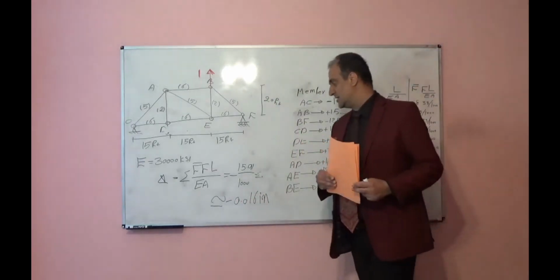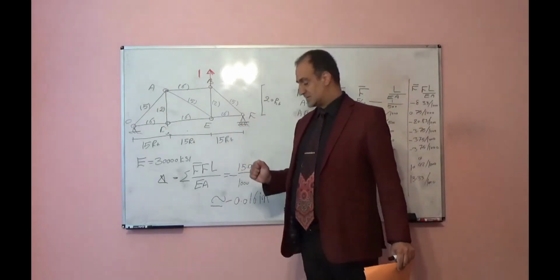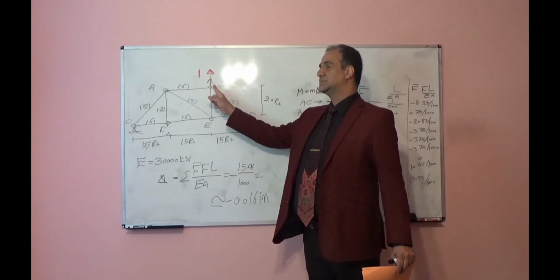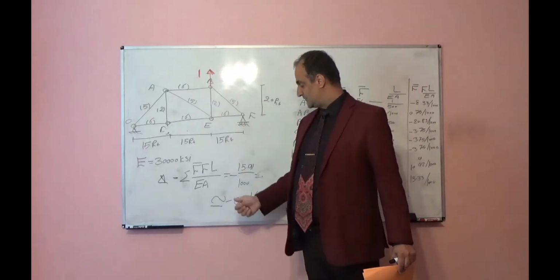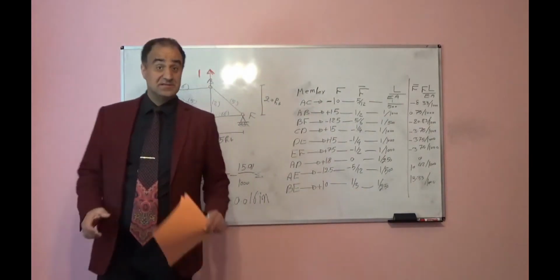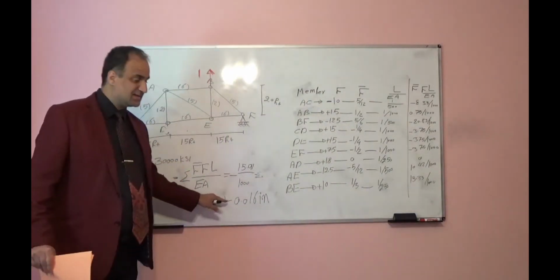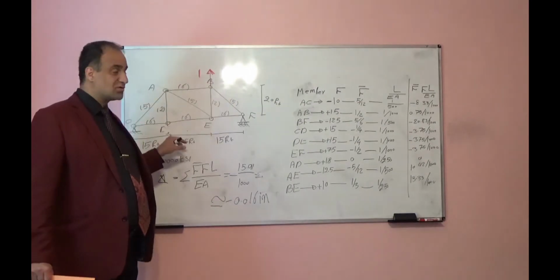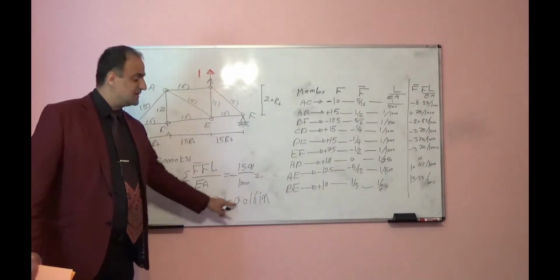This will be deflection at joint B in vertical direction. It is negative. You apply this unit load upward. If you find the positive, it means deflection is upward. Because you find negative, it means deflection in this truss under those real load will be downward.